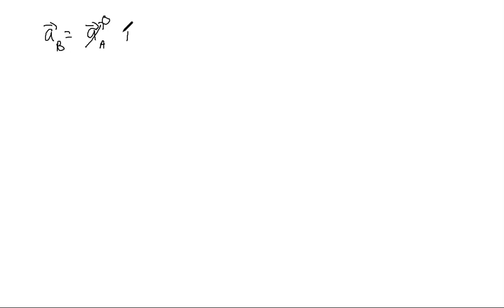This plus alpha AB cross the vector B relative to A, minus omega squared AB times R B relative to A. That's the general formula, so let's just start with that. And then let's write this out.